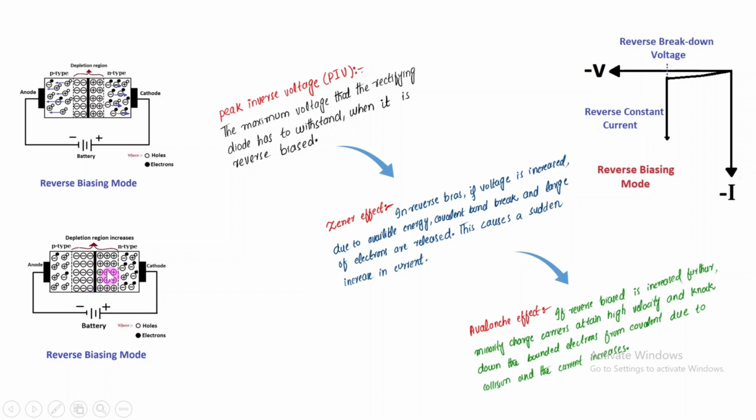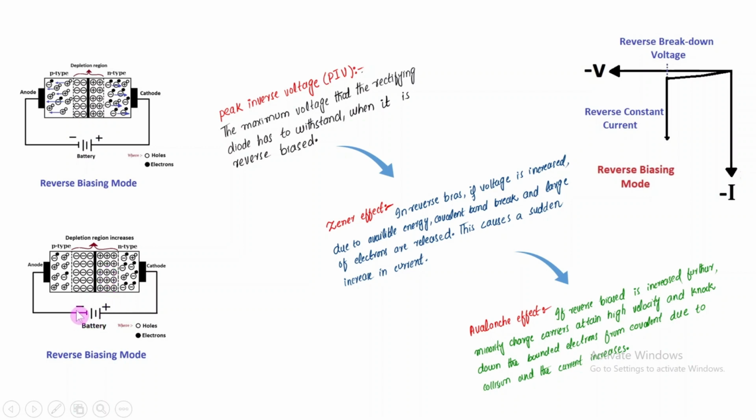The Zener effect actually occurs due to the electric field. If we increase the magnitude of this battery, the electric field will be increased here. Due to that electric field, the electrons will be knocked from the covalent bonds of these immobile ions, and due to which the current will be increased. That effect is called the Zener effect.